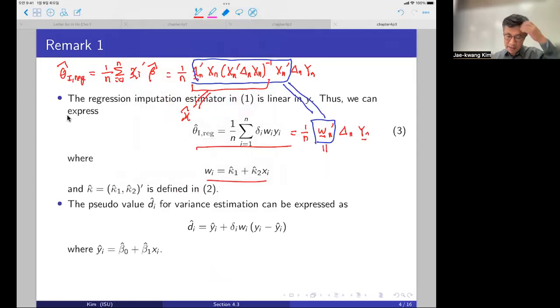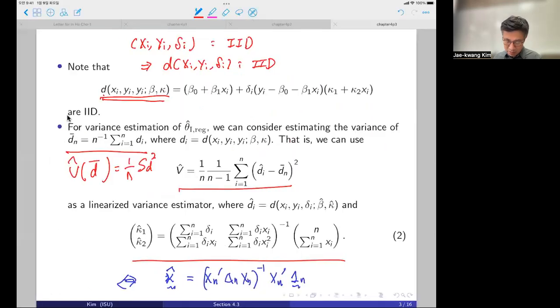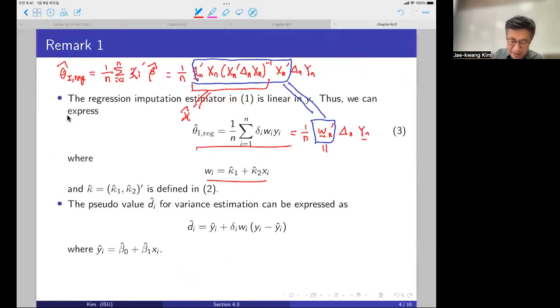So my point is, let's go back. Kappa prime, that's confusing. So kappa prime X_n prime, that actually shows that as a vector, this is equal to this one.